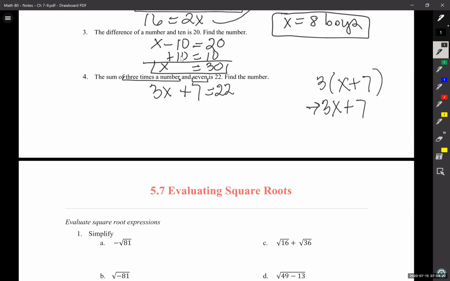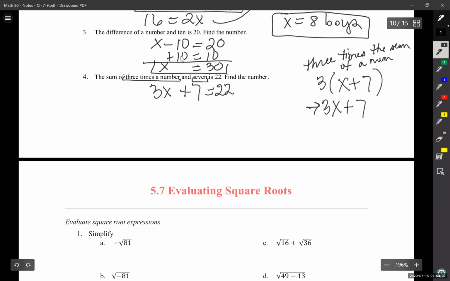In order to be the top choice, it would say something like 3 times the sum of a number and 7. That's what the top one would be like. So that would be 3 times the sum. That's where you're going to get the distributive property. If it says the sum of, then the part before the and will come first, and the part after the and will come second.